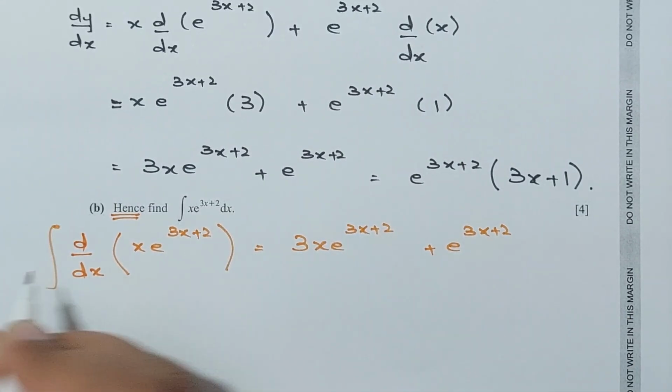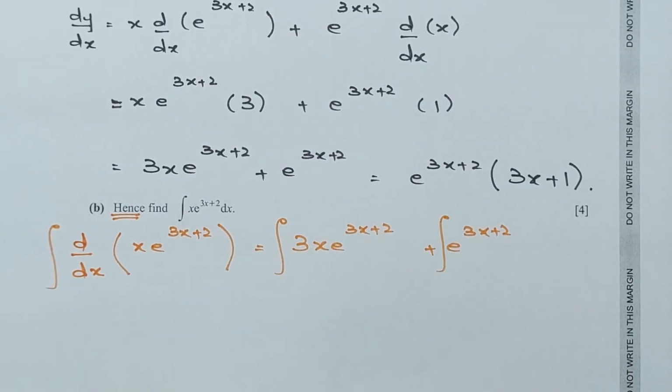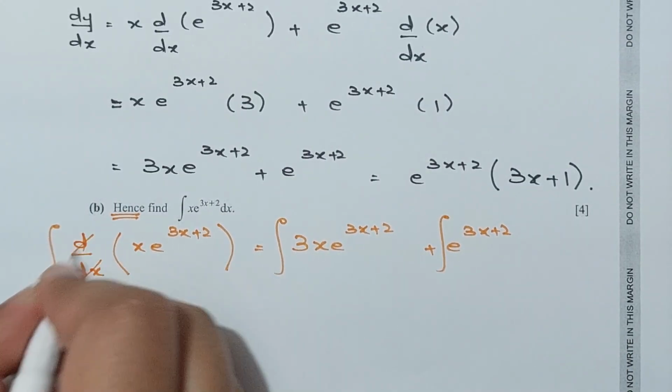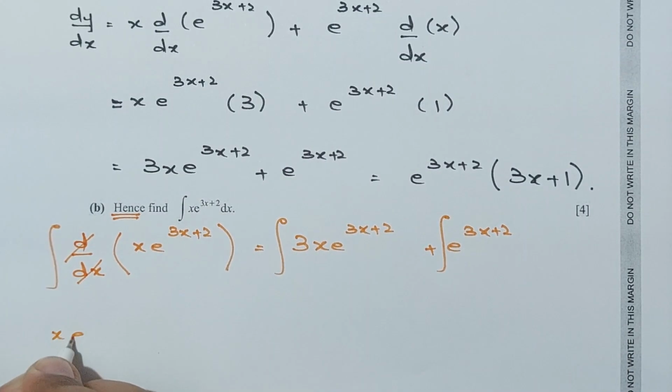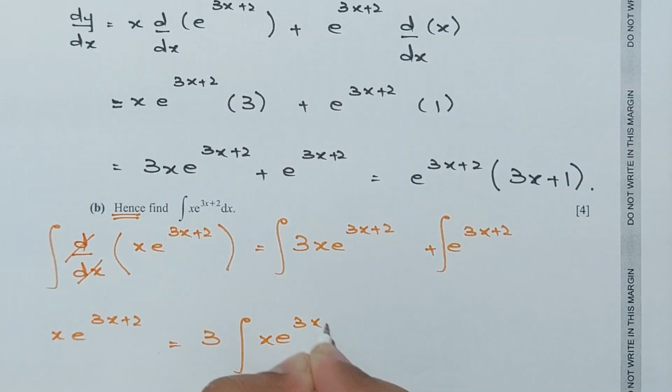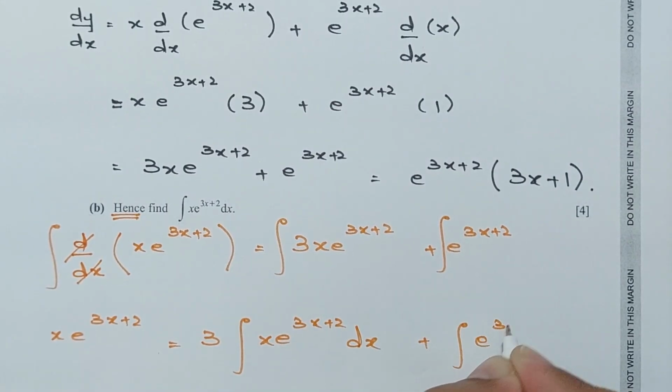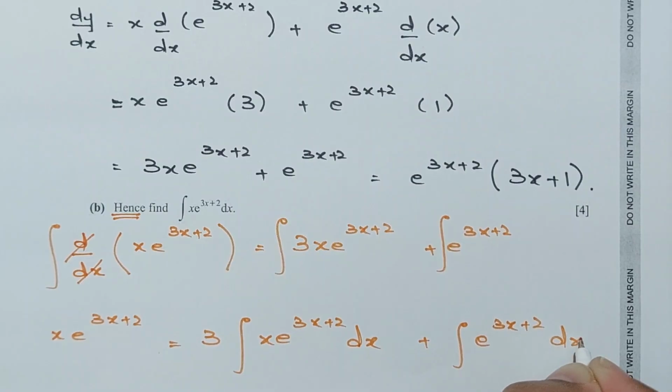Taking the integral on all of them, the derivative and integral cancel out. We have x e to the power 3x plus 2. 3 is outside the integration of x e to the power 3x plus 2 dx, plus the integration of e to the power 3x plus 2 dx. So this integral we have to solve.